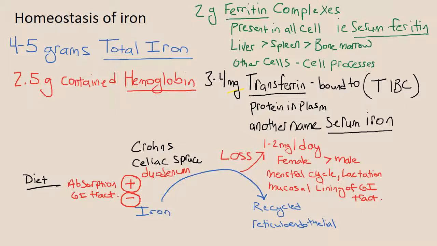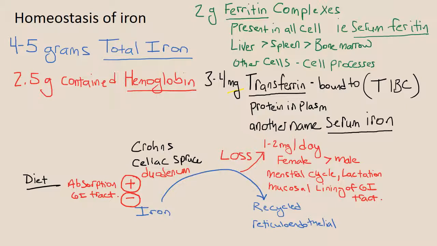Remember, we have thousands of micro traumas in the mucosal lining of our GI tract. We lose some blood, and it's tightly regulated and recycled through the reticuloendothelial cells. So the only way we have of restoring those is by absorption through our GI tract.